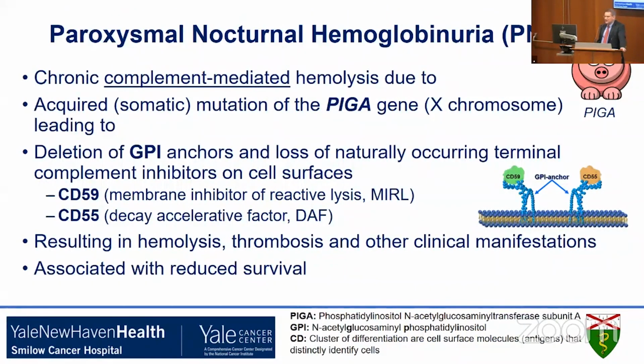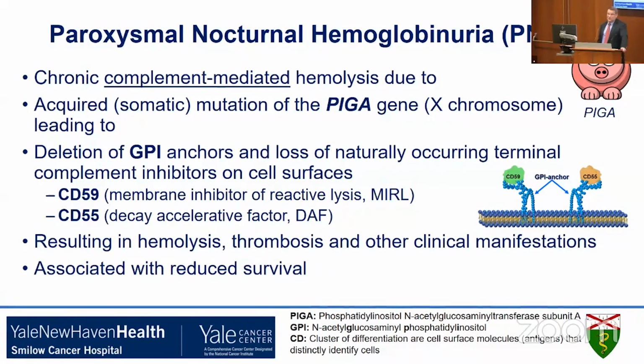So only one word about PNH, because I'll be talking a lot more about it. The abnormal clone which develops has an advantage. It's a PIGA mutation. Glycoprotein GPI anchors are the cell surface anchors which help to keep certain proteins on the surface of the cell which protect those cells.